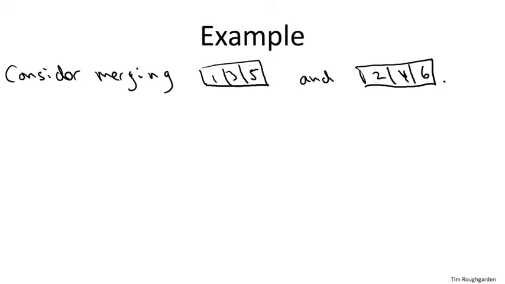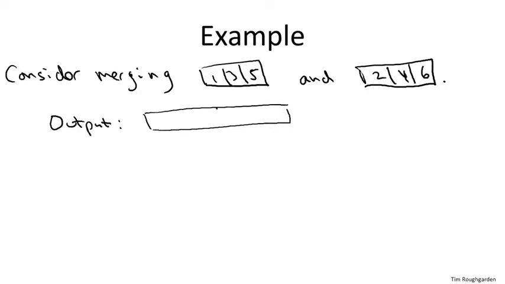So now let's trace through the merge subroutine invoked on these two sorted subarrays and try to spot a connection with the number of split inversions in the original 6-element array. So we initialize indices i and j to point to the first element of each of these subarrays. So this left one is B and this right one is C, and the output is D. Now the first thing we do is we copy the 1 over from B into the output array.